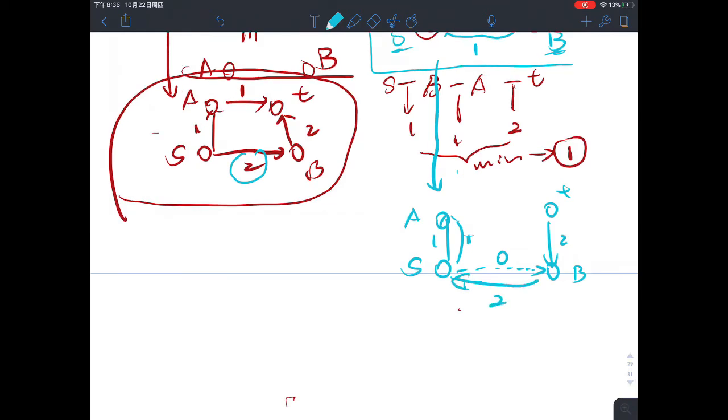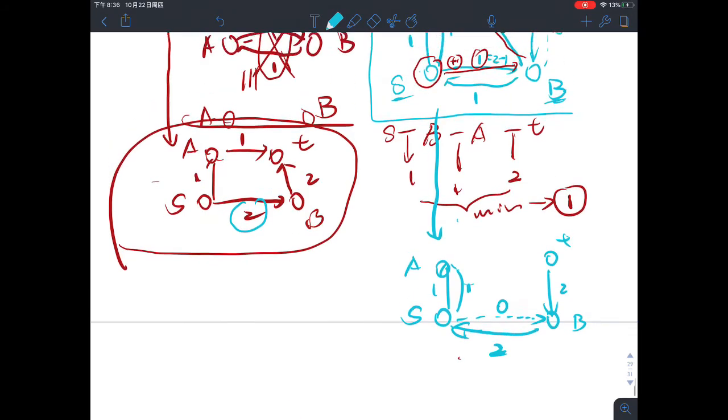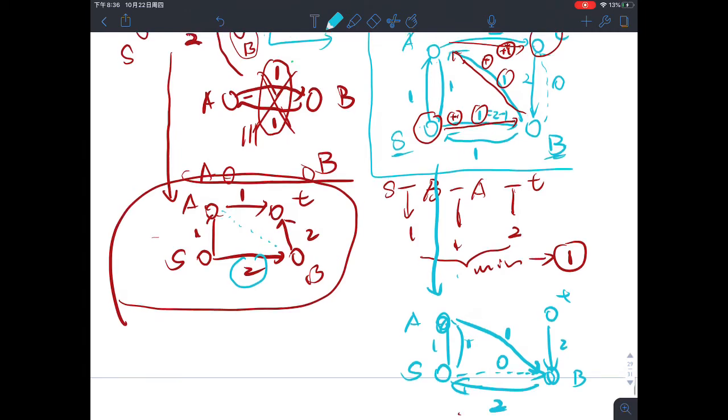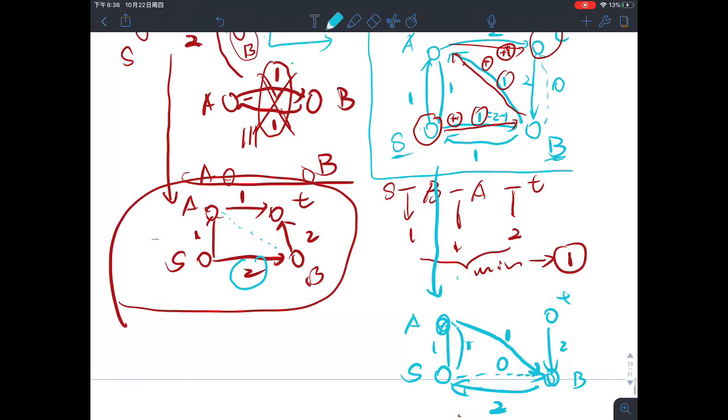But using our principle, the amount of flow that I can move from B to S is 2. And if I look at the connection between A and B, I'm not using this edge anymore, so the original edge in the input graph reappears because I roll back my decision. You can see that it's the same.